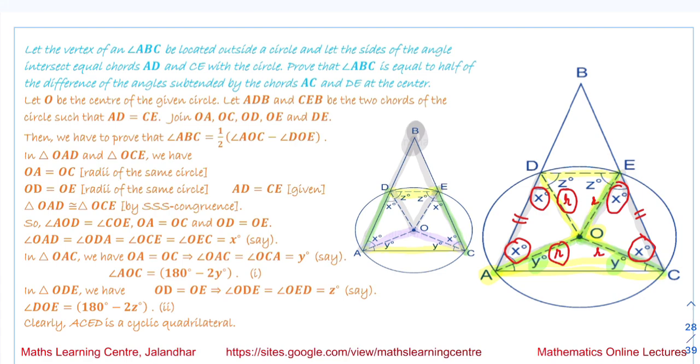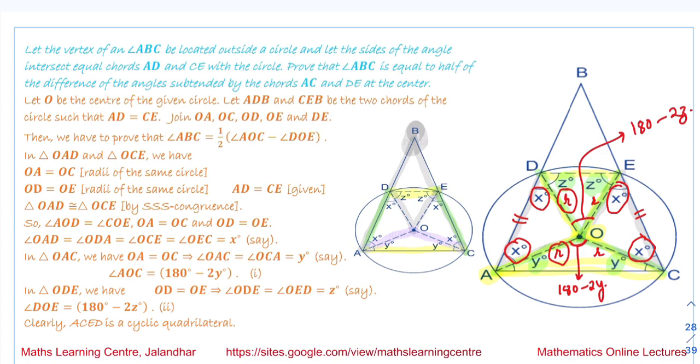Similarly OE and OD are equal. It means these two angles are equal to z degrees. So what is the value of the angle at the center over here? It will be 180 minus 2y. What is the value of this angle over here? It is 180 minus 2z.